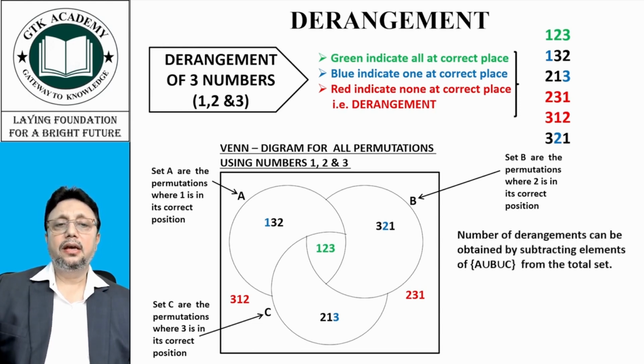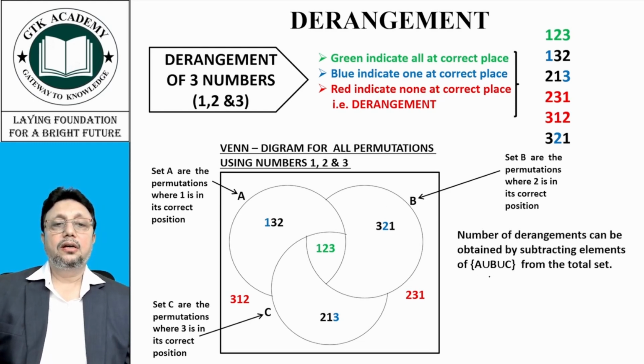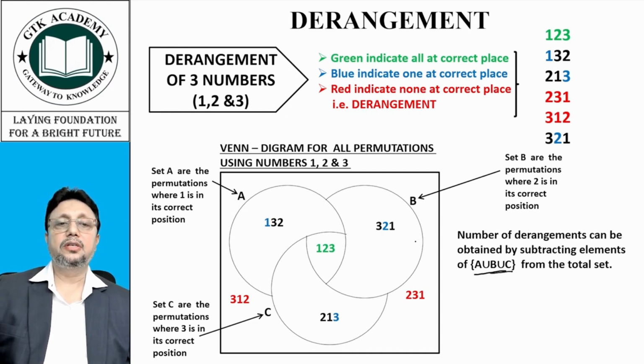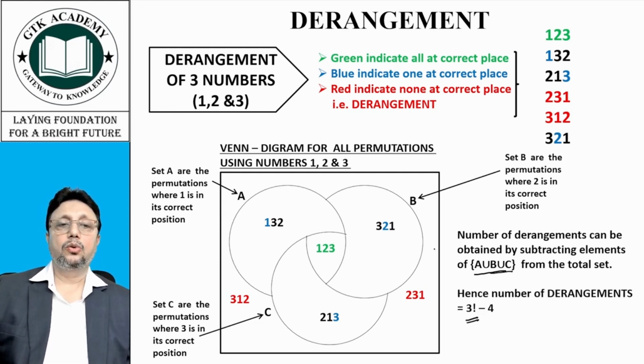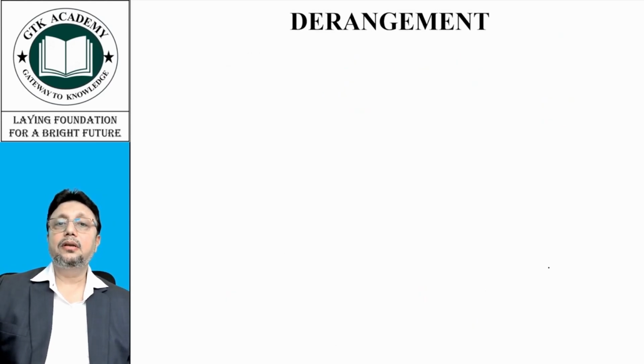That means if we subtract the union of all these sets A, B, and C from the total numbers in the set, we will get the derangement. That is, factorial 3 is the total arrangements, and you subtract these four numbers, that is union A, union B, union C, then you will get the derangement.